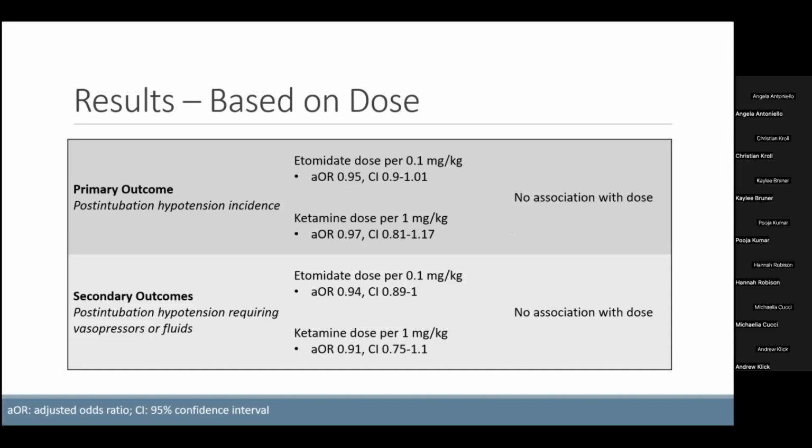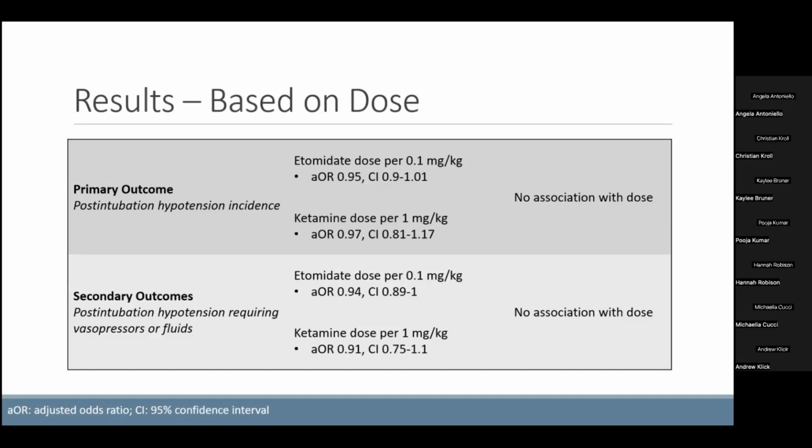So for our primary outcome, for etomidate, per every 0.1 milligram per kilogram dose, the adjusted odds ratio is 0.95 with a confidence interval stretching over 1, showing that there's no association with dose and post-intubation hypotension for etomidate in the primary outcome. For ketamine in the primary outcome, per 1 milligram per kilogram increase, the adjusted odds ratio was 0.97, and the confidence interval was 0.81 to 1.17.